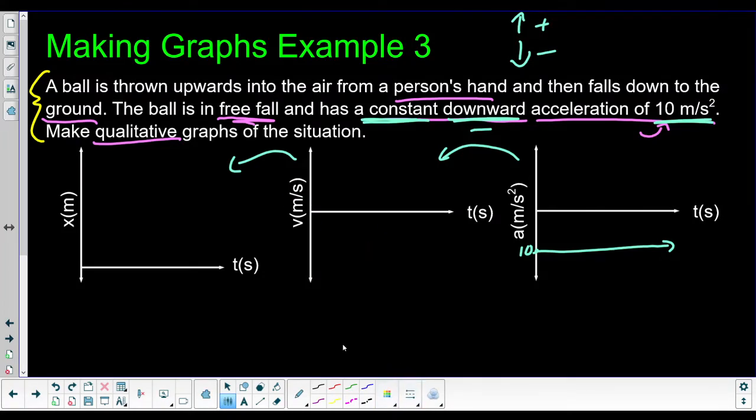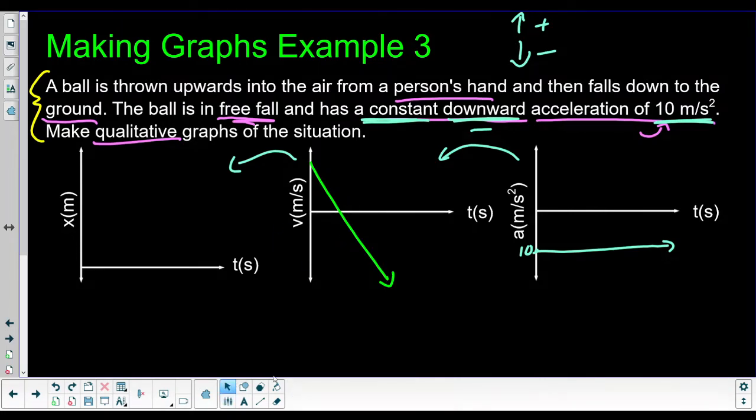Let's take some time to talk about this velocity graph really quick. All this tells us is we need a constant slope of negative 10. So let's just make a negative 10 slope. There you go. Whatever that slope is, whatever the scale on this is, that's negative 10.